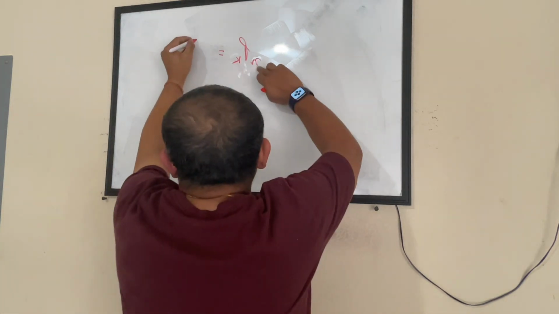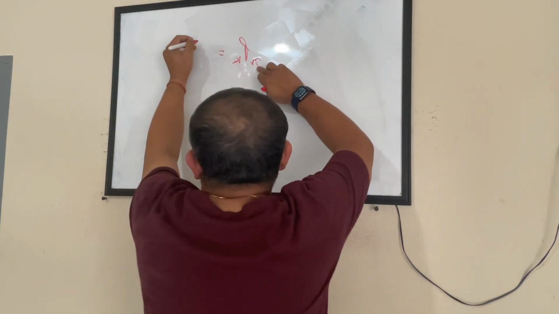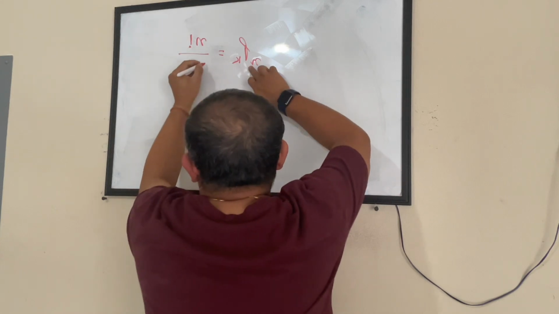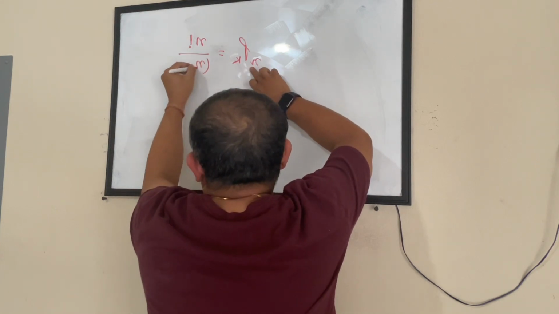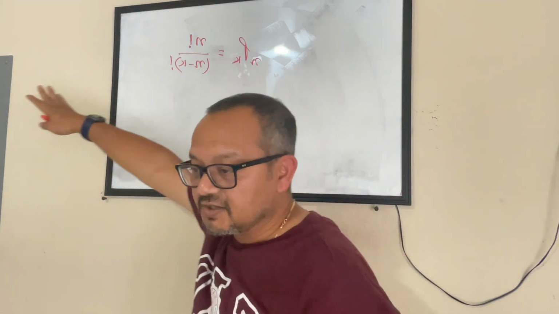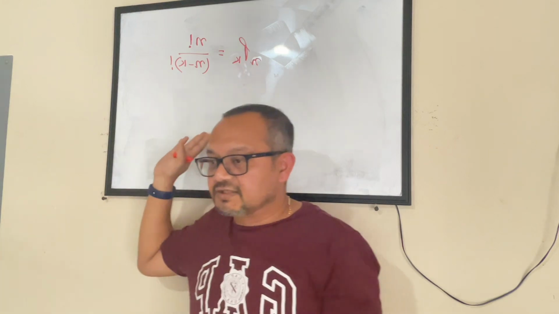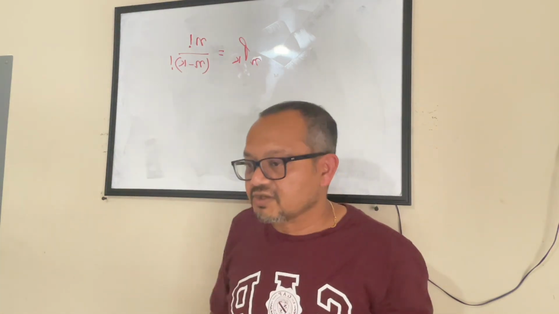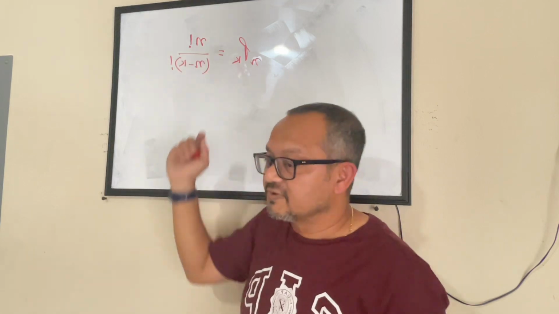That means factorial n divided by factorial of first number minus second number. This becomes our generic formula, and it is not coming from nowhere, it is coming based on what we saw when we were trying to fill 5 boxes with 3 colors.